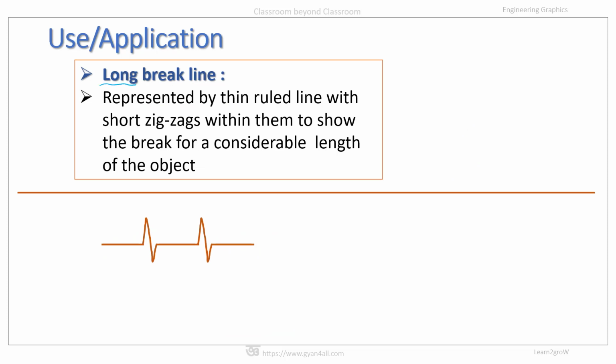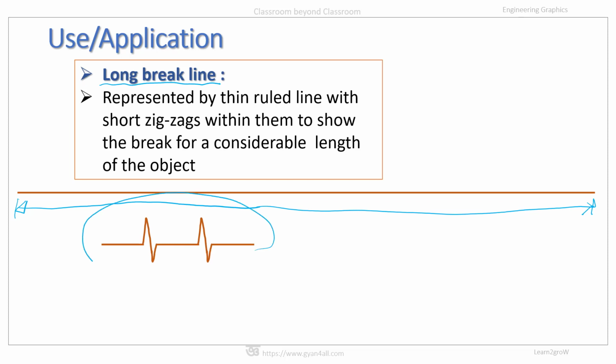Similarly, there is long break line. Suppose we have a long object. It may be a line, it may be any body. So we have a very long object, and if we represent the object in the drawing sheet, it will also take a long distance in the drawing sheet. So instead of taking the whole length of the object, we can represent it like this.